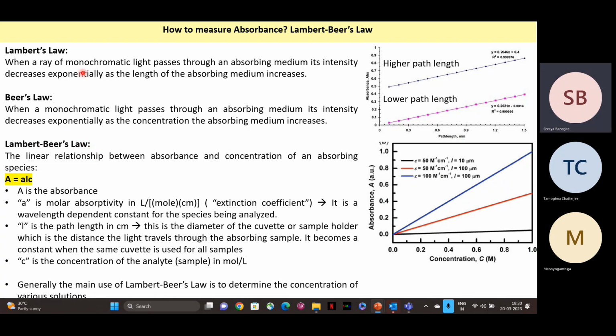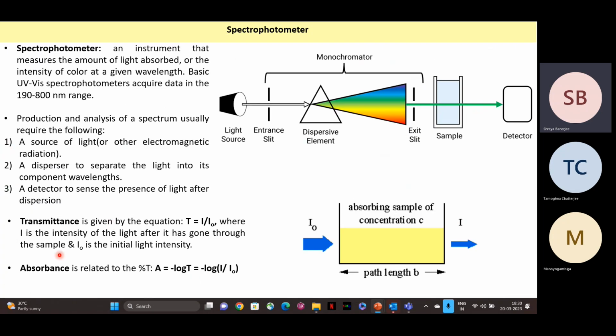Lambert-Beer's law connects Lambert's law and Beer's law together, and it says that the linear relationship between absorbance and concentration of an absorbing species is given by A equals small a L C, where capital A is the absorbance, which we learned in the previous slide is equal to minus log of transmittance.